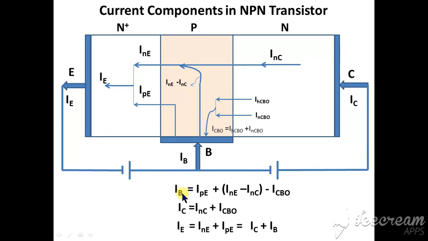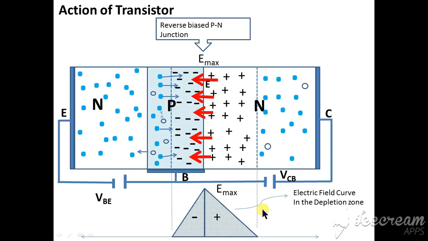Now adding this base current IB to the collector current, we get IE equals INE plus IPE, because ICBO nullifies with the component of negative ICBO. Similarly, INC also nullifies with the minus INC component. Therefore, finally we get the total emitter current equal to the sum of collector current and base current, and this equation is valid for any type of transistor circuit which operates in the active region.